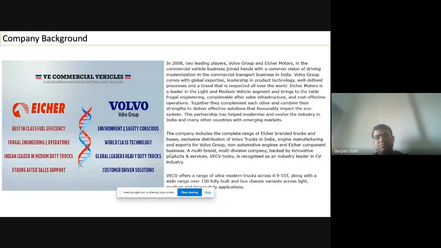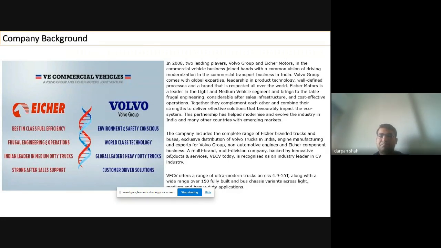now I'd like to brief you regarding the background of my company, which is V Commercial Vehicles. This is basically a joint venture between Eicher and Volvo Group. In 2008, this all started, where a strategic partnership was formed to drive modernization in the commercial vehicle industry. As we all know, Volvo Group is a leader, a pioneer in developing new technologies and working on sustainability.